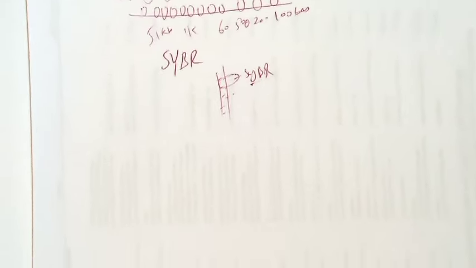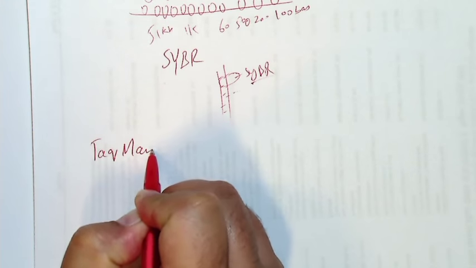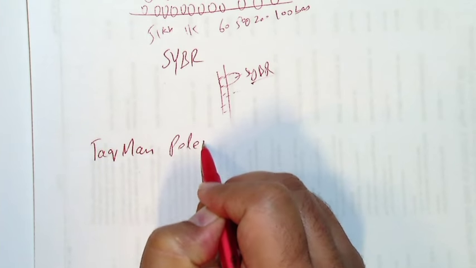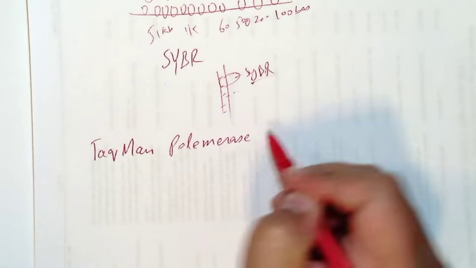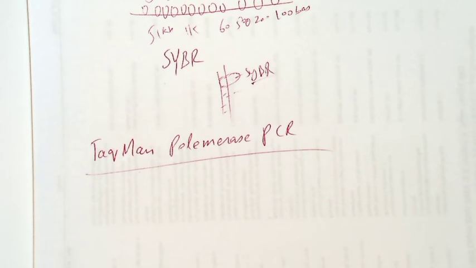So this is one kind of reaction. There are other techniques which are also used. For example, the one which is written in the slide is called TaqMan polymerase, or TaqMan PCR. In TaqMan, sometimes we are interested in seeing whether our PCR is working or not. For that, we want to look after each reaction, and that's where the newer, latest PCR equipment comes into play.